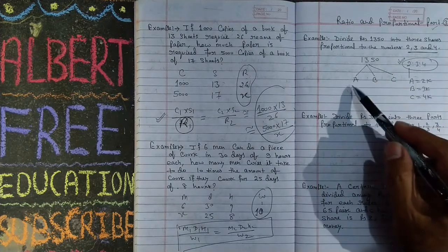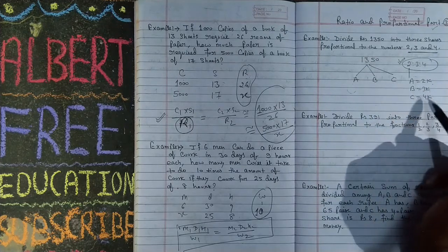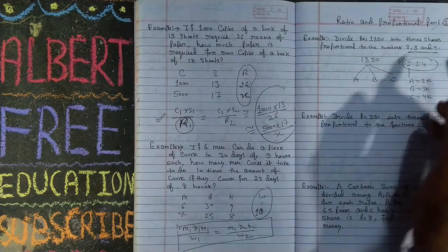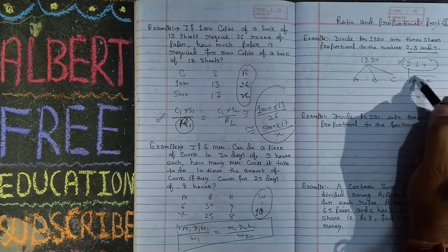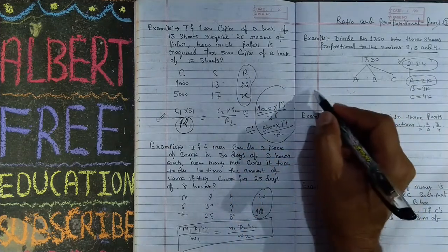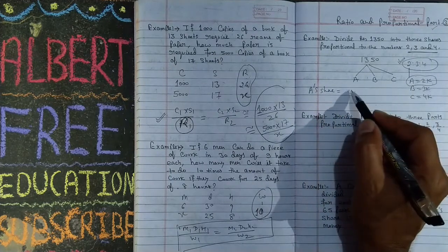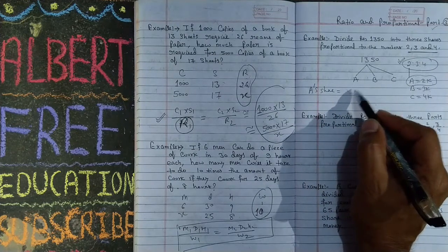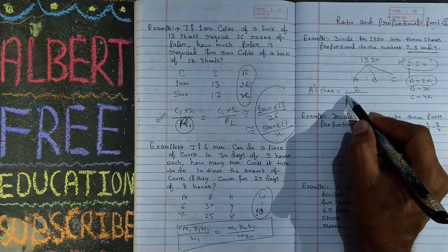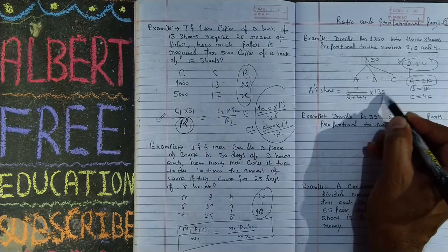Now to find the share of A, the method is already discussed: A's share is equal to 2 upon the sum of the ratio, 2 plus 3 plus 4, into the money 1350.